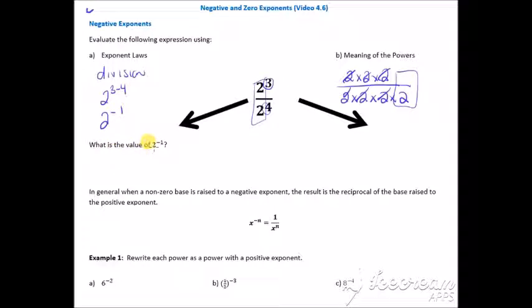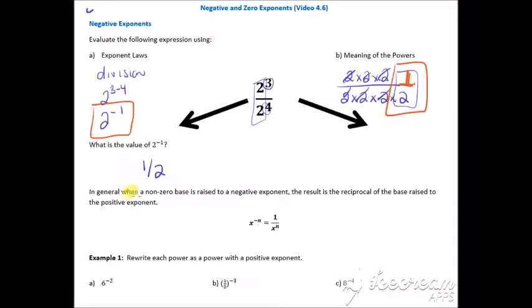So what is the value of 2 to the negative 1? Well, it's 1 over 2. So 2 to the negative 1 equals this. When there's nothing on top, when everything's canceled out, it's not a 0, it's 1, because 2 divided by 2 equals 1, so it cancels out to 1.